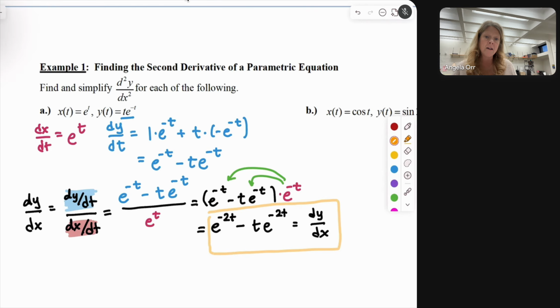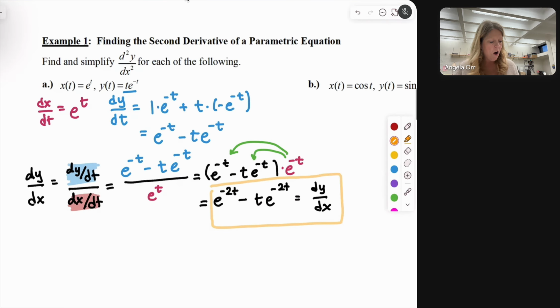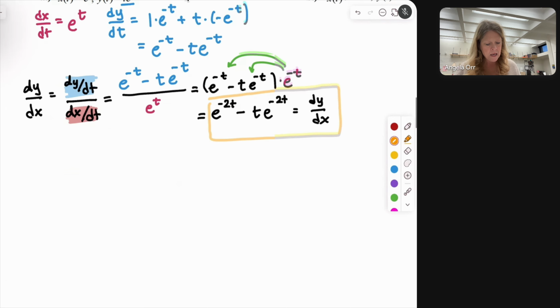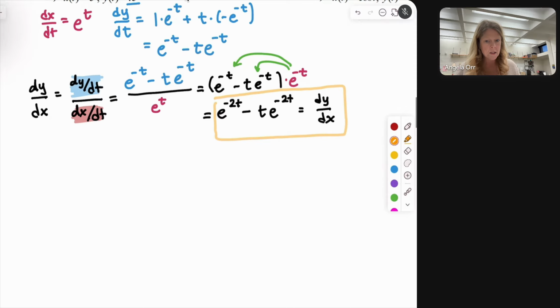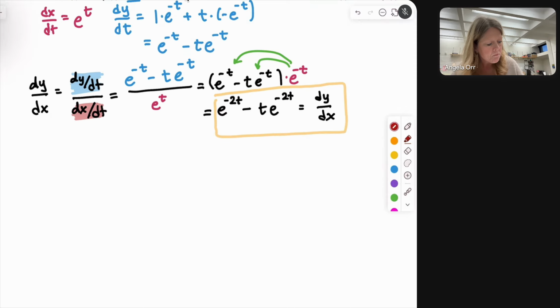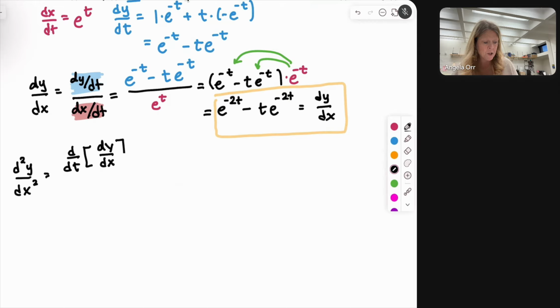Now, if I want to find our second derivative, let me scroll up just a little bit so I have some space here. Our second derivative with respect to x is the derivative of dy/dx with respect to time.